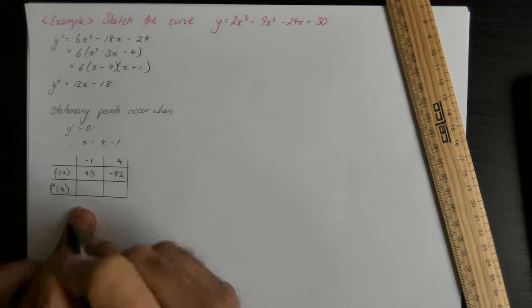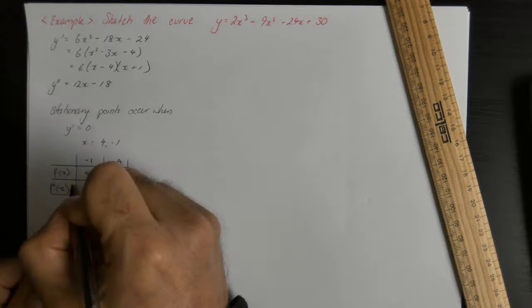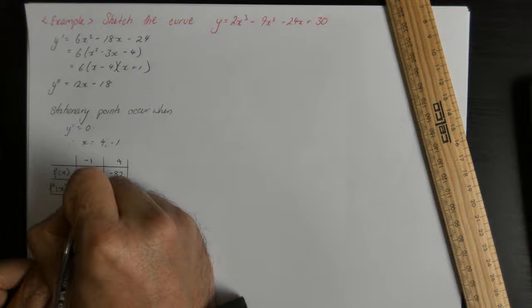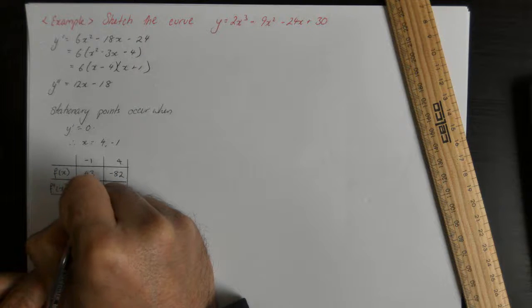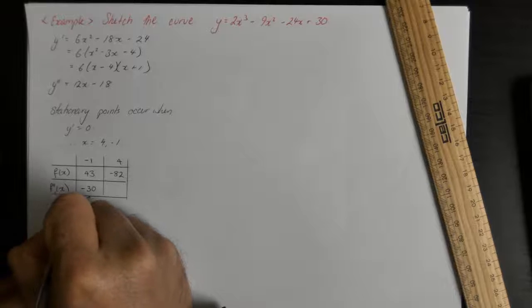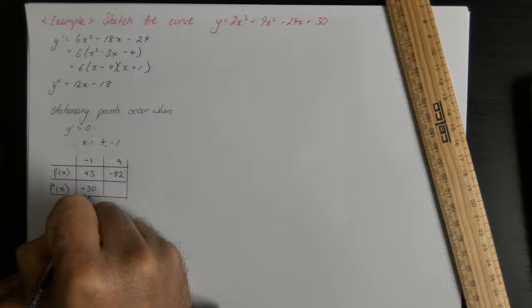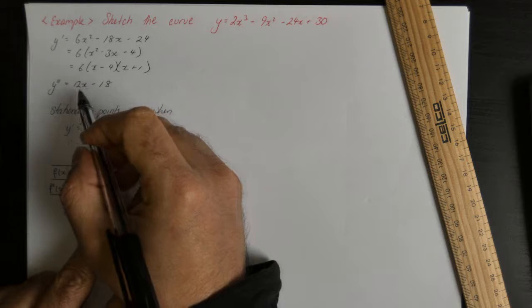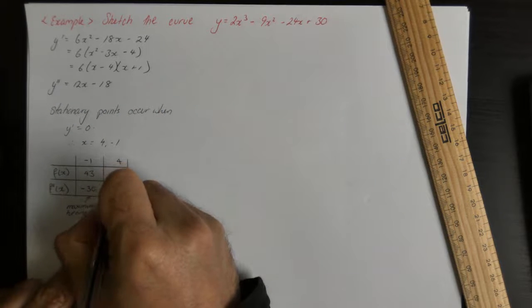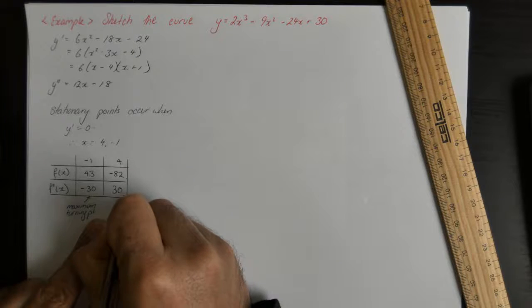By plugging negative 1 into the second derivative, I get negative 30, a negative number. Because it's less than 0, that's a maximum turning point. And if I plug in 4, I get a positive number, so I get a minimum turning point.